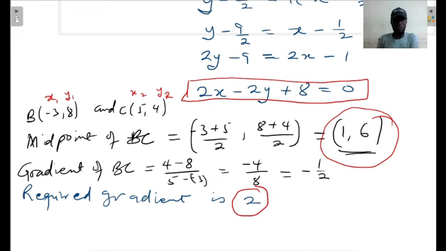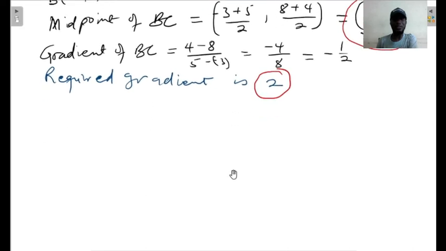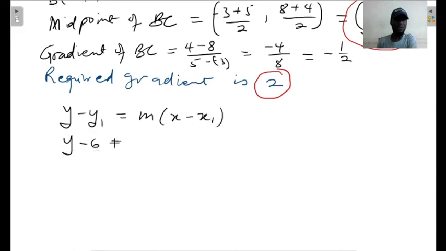So we are fixing that into the equation of a line when given the gradient and a point on the line, which is y minus y1 equals m times x minus x1. So this will give us y minus 6 equals 2 bracket x minus 1. This will give us y minus 6 equals 2x minus 2.